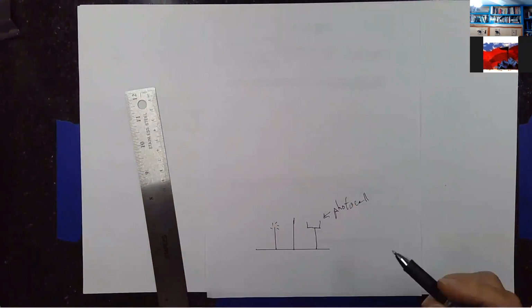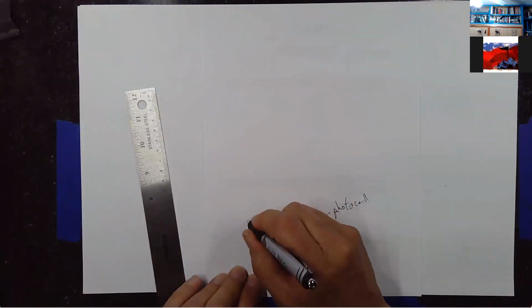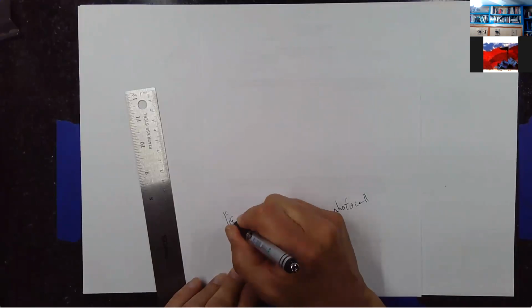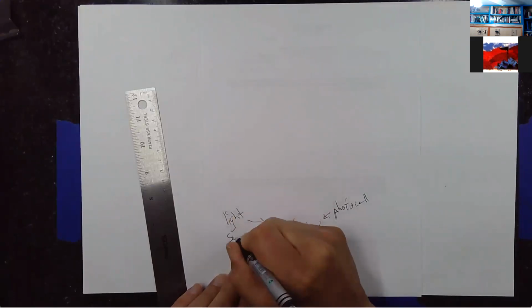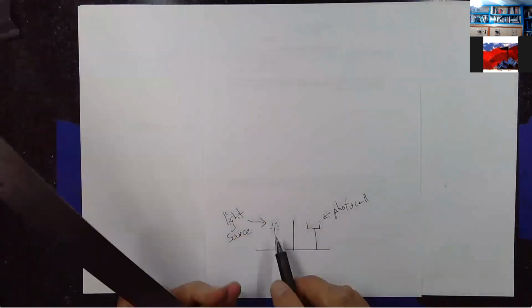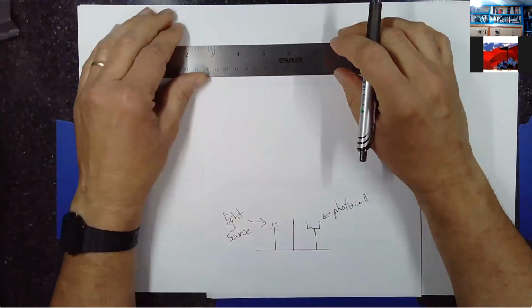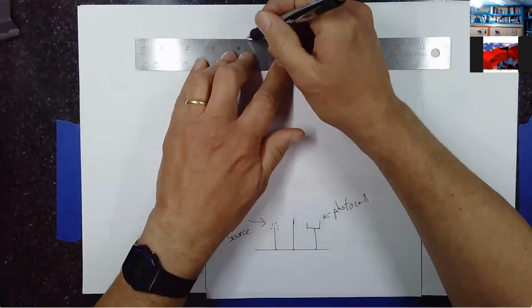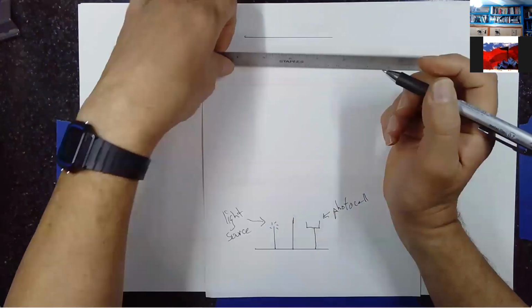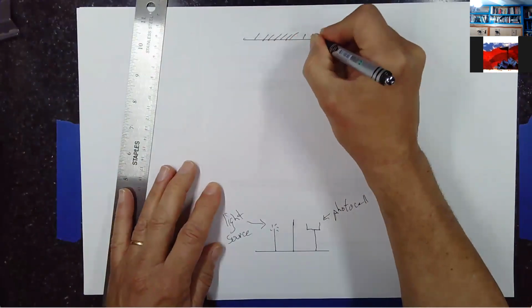The photocell will register whenever it gets a flash of light, but there's a barrier between the light source and the photocell, so the light can't go directly from one to the other. Instead, it has to go up to some mirror that's some distance away.